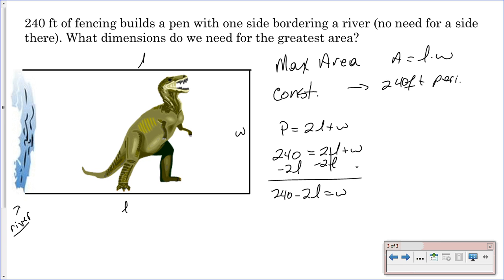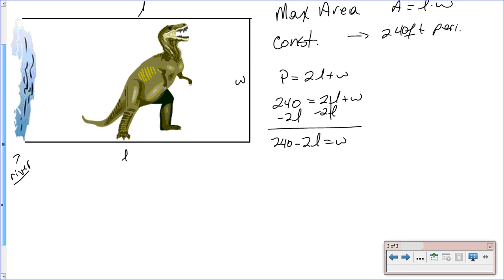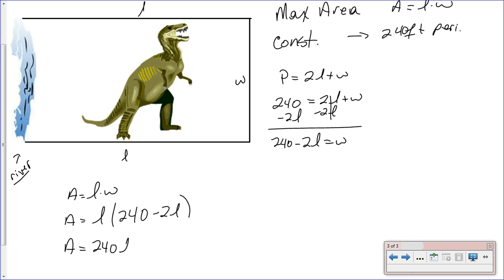Now, we need to plug that into our area equation, just like we did last time. So we know that area equals length times width. Since we've solved this for width, area is going to equal length times 240 minus 2L. Distribute the L through, so area equals 240L minus 2L squared.